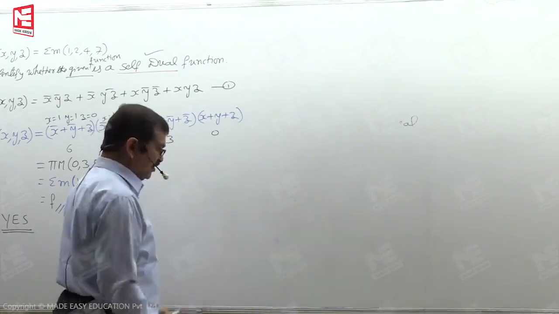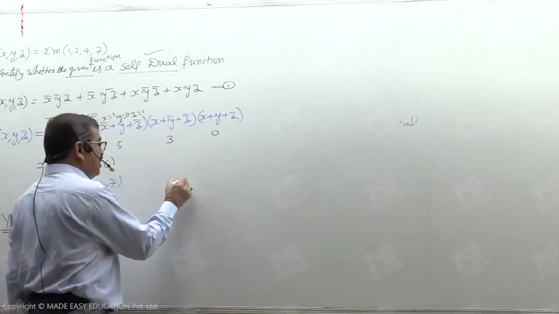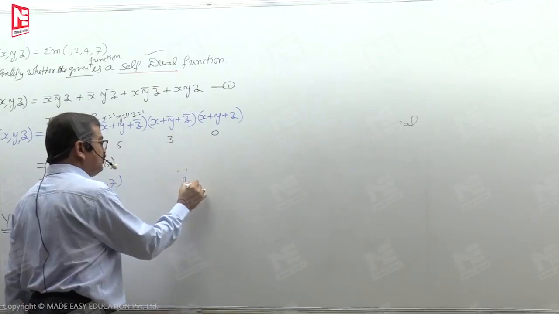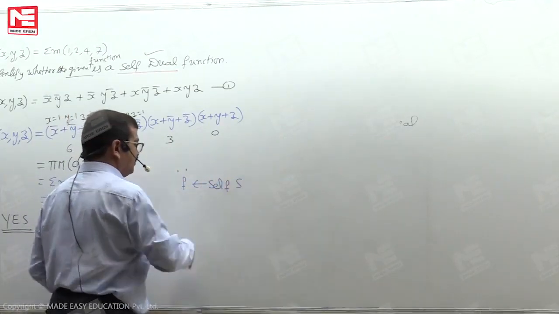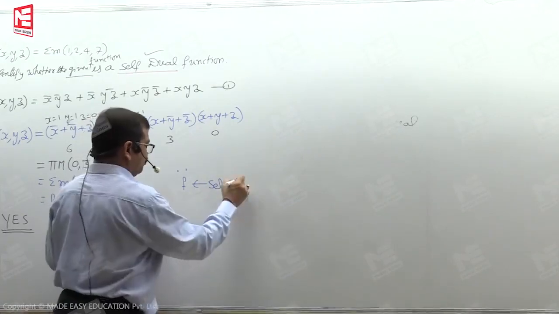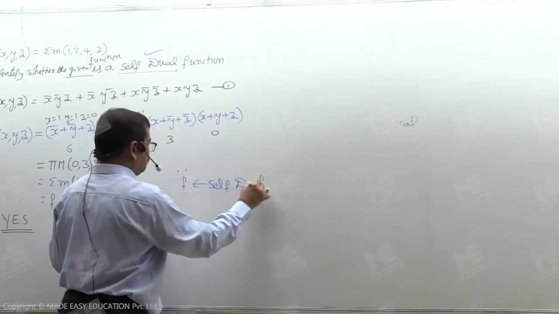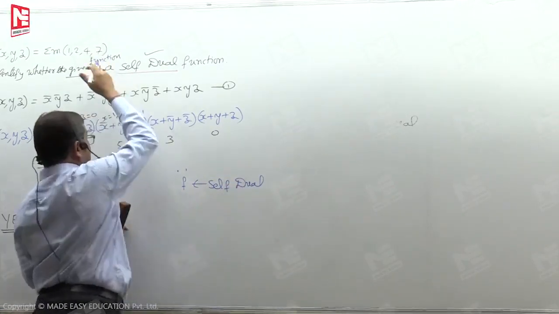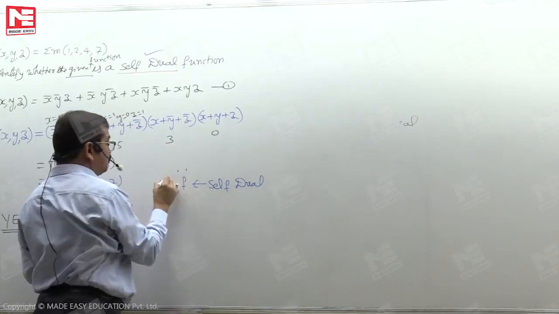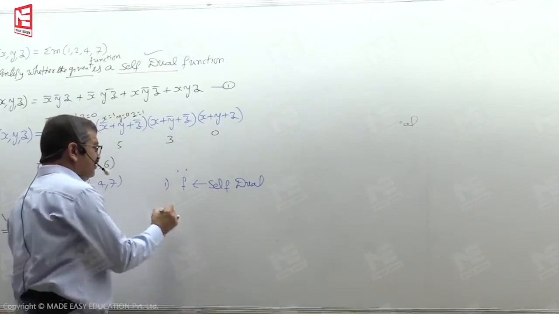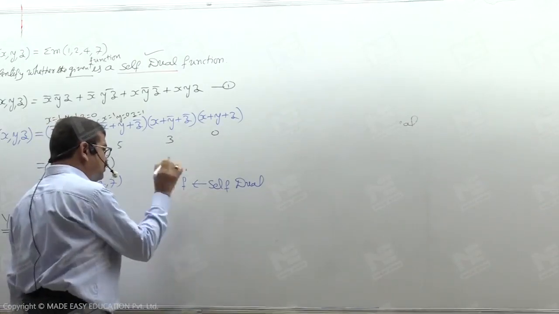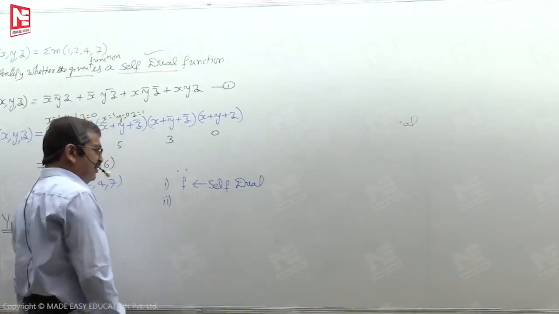What is expected is: when a function is possible to be a self-real function, can we say so with a shortcut? That is one thing you need to know. While looking at the given function, maybe in this compact canonical form, can we say whether it is a self-real function? The shortcut: when a function is possible to be a self-real function, we need to understand.